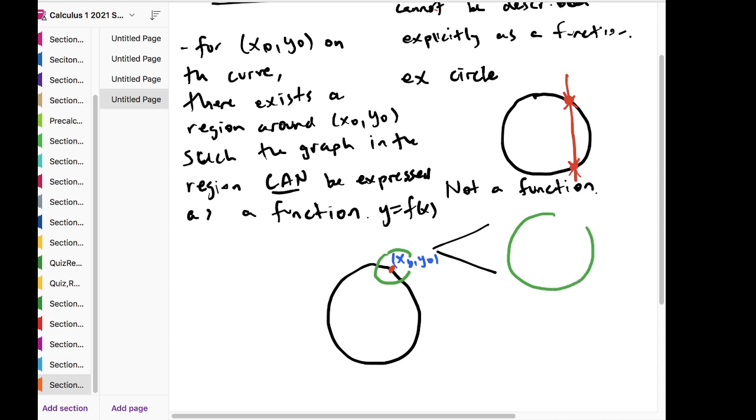It looks like the arc of a circle. That makes sense? So right now what I'm really doing is erasing the rest of the circle and just looking at that little section there. Everyone see what I'm doing?